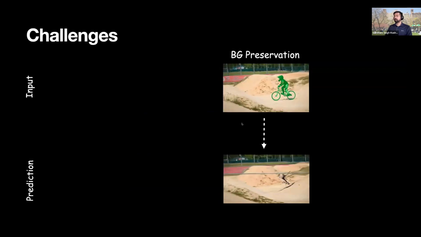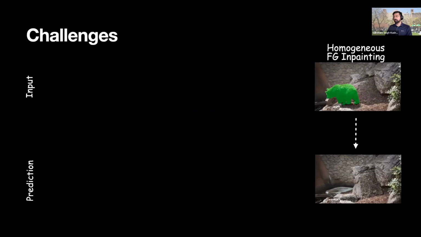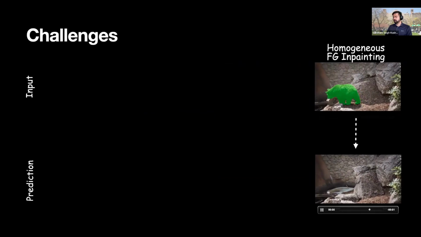We also want to preserve the background, without any artifacts in it. And when we remove an object, we also want to inpaint it homogeneously. Like here, there's a cemented platform that has come up, which seems slightly unnatural, so we want to tackle that.